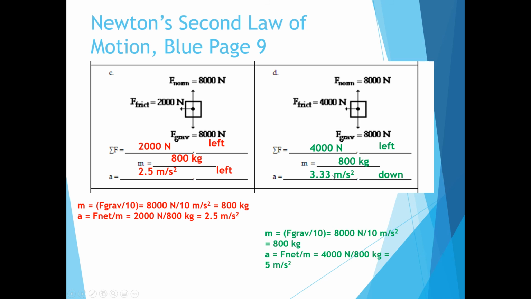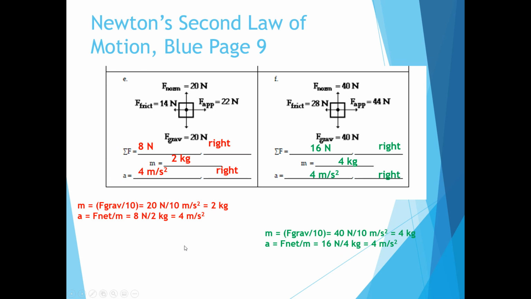Oh, I have the number incorrect here, so I'm going to pause this and fix that. Okay, now it's correct. So 4,000 divided by 800, and it's 5 meters per second squared. And I have the wrong direction. Now it's fixed, 5 meters per second squared to the left.